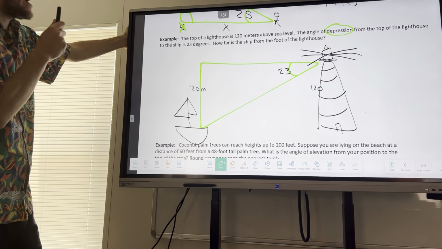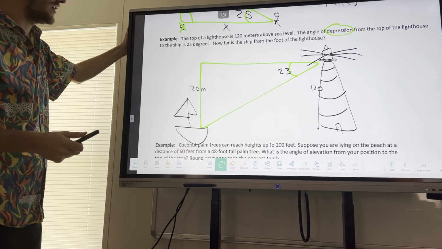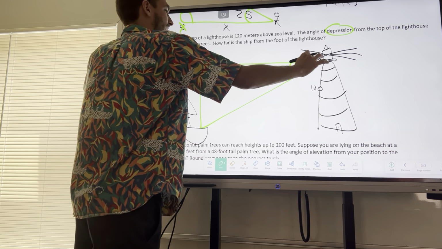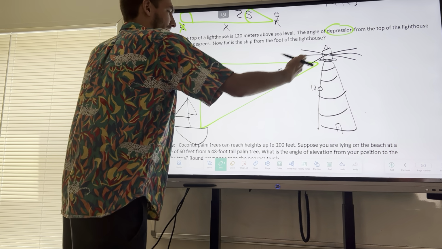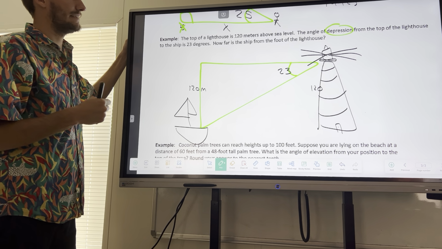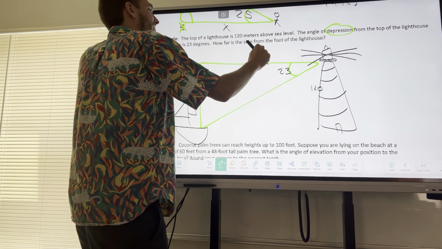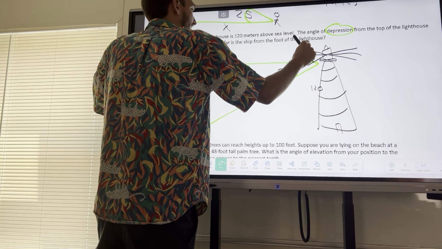And we want to know how far is the ship from the foot of the lighthouse. Are we going with this top horizontal distance or this diagonal distance? How far is the ship from the foot of the lighthouse?